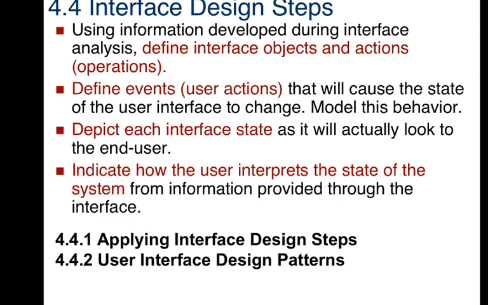Actions are nothing but operations, the process related things. Then indicate how the user interprets the state of the system from information provided through the interface. So the user always feels happy to communicate or to send the data to the component.